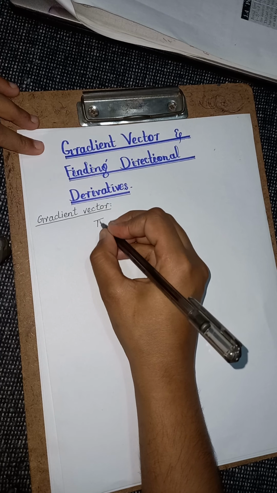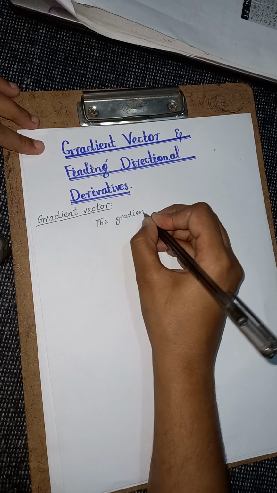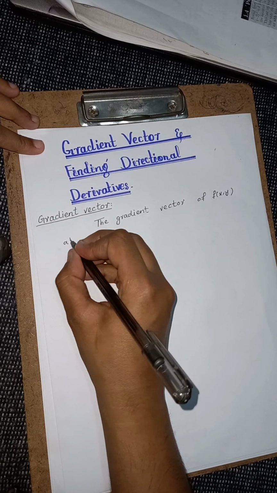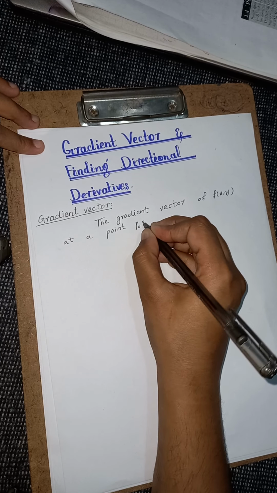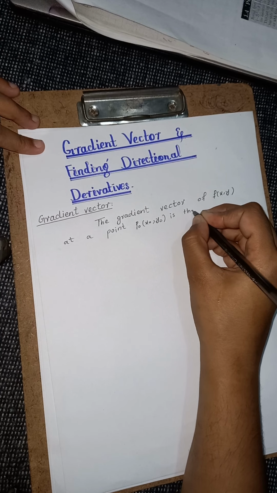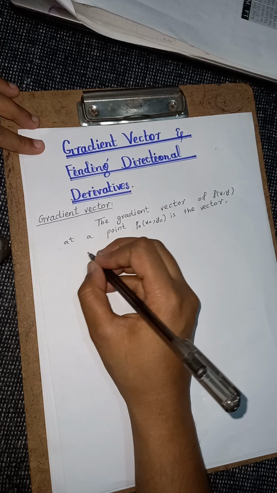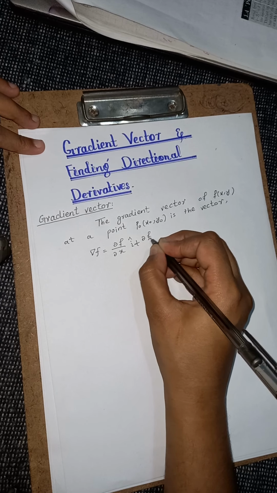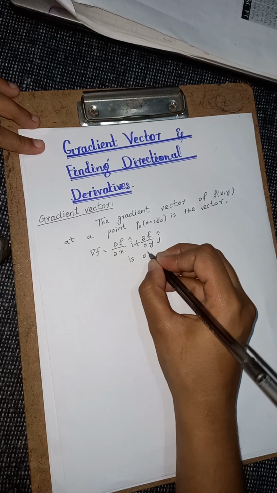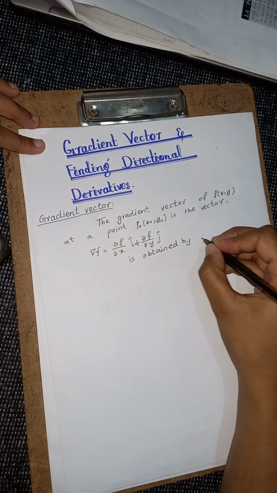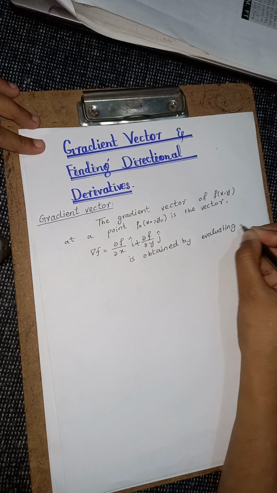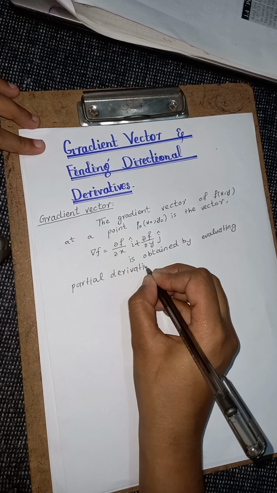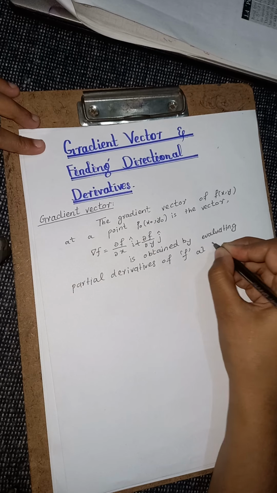Its definition says that the gradient vector, or simply you can say gradient, of a particular function f of x y at a point p naught (x naught, y naught) is the vector gradient of f equal to partial f by partial x i unit vector plus partial f by partial y j unit vector, obtained by evaluating the partial derivatives of f at p naught.